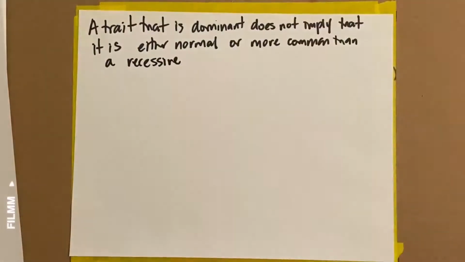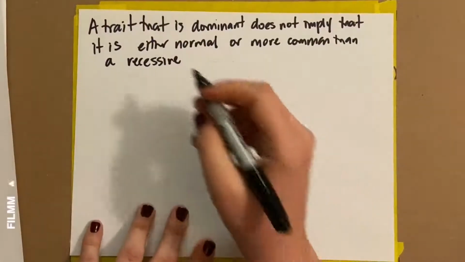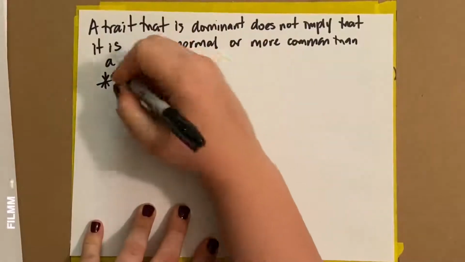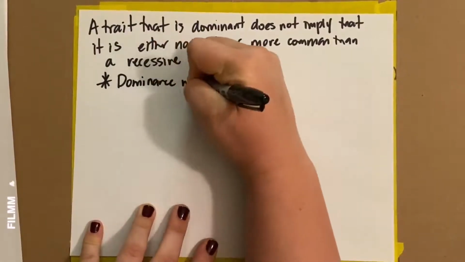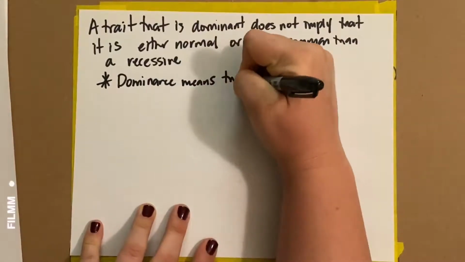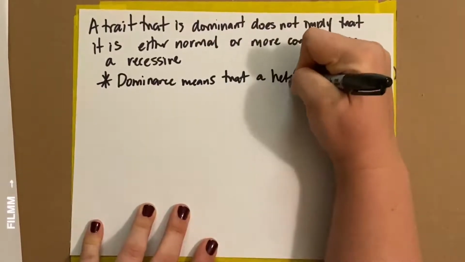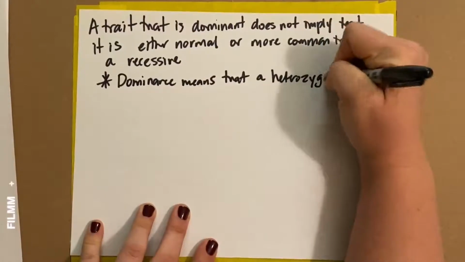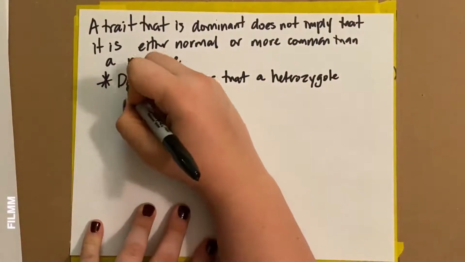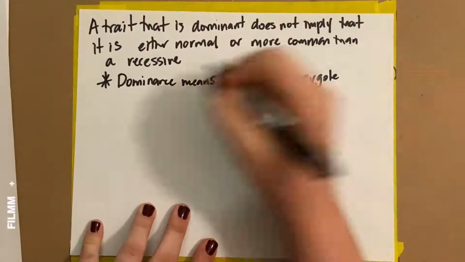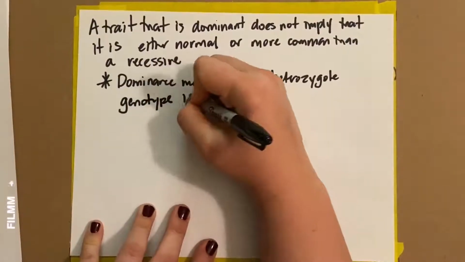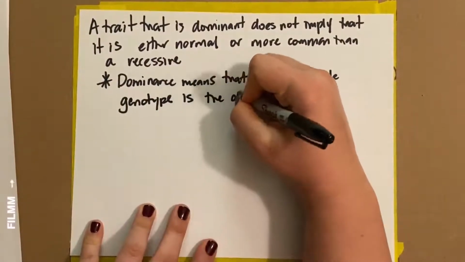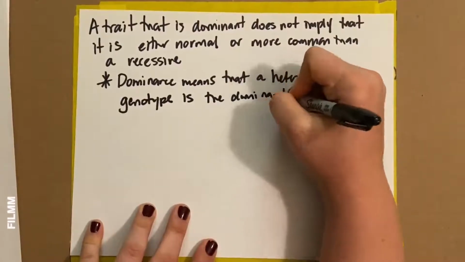I'm going to give you an example in a second, but when we talk about dominance, it means that a heterozygous genotype shows the dominant phenotype.